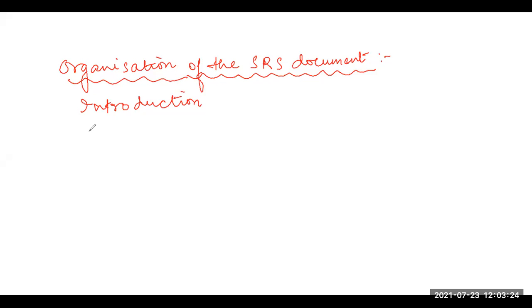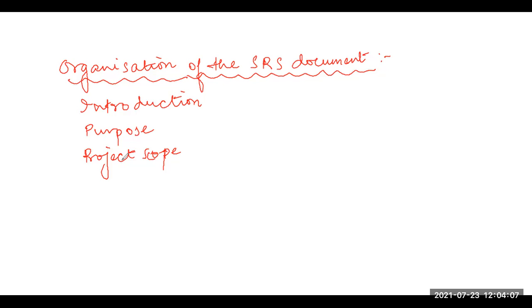Under this introduction, there is a section called purpose. This section should describe where the software would be deployed and how the software will be used. Then there is project scope, which should describe the overall context within which the software is being developed: the parts of a problem that are being automated and the parts that would need to be automated during future evolution.